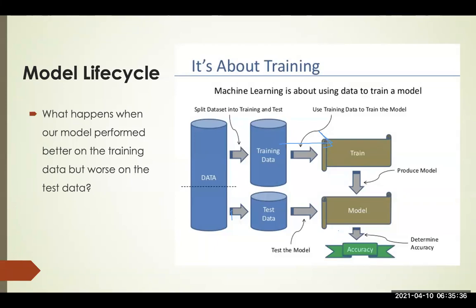Most times, the training data must be very much larger compared to the test because we want to build the model, so you need enough data to build. Testing is just to validate, so you don't need so much data. So we can use 75% of our data or 80% or 70%, depending on how large your data is, to build the model, and the remaining 25% or 20% or 30% to test. Does it make sense?